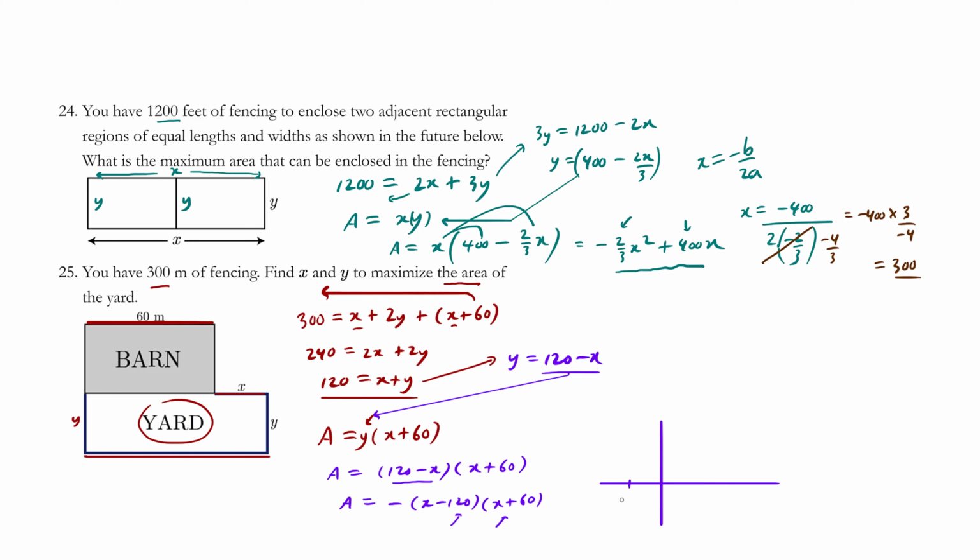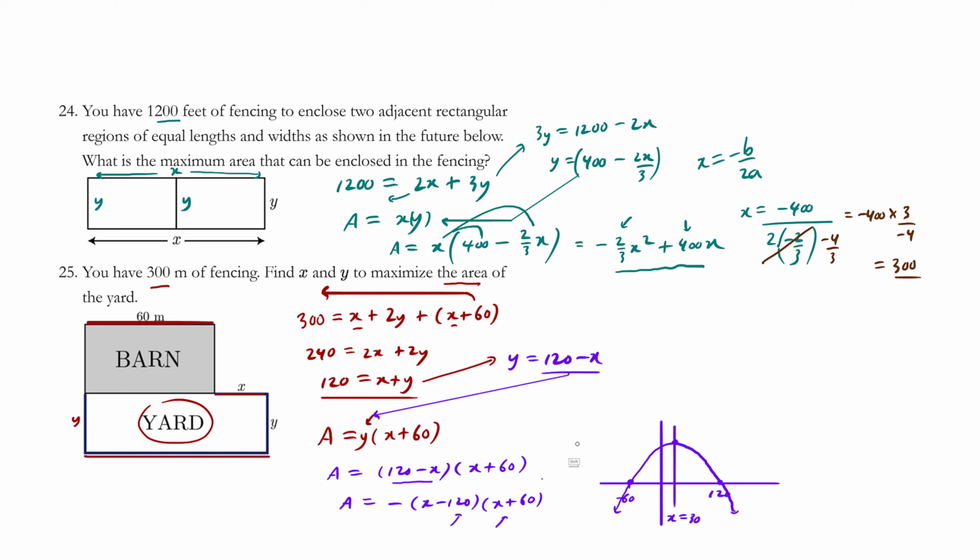So instead of plus 60, we have minus 60 here, and there's an x-intercept or root here. Instead of minus 120, we have 120 over here. So the quadratic will roughly do something like this. So even visually, we know the halfway point. We simply add these numbers and divide by 2. So 120 added with negative 60 is 60, divided by 2 is 30. So x equals 30 is the equation of the line of symmetry. It's also the x-coordinate of the vertex, the maximum.